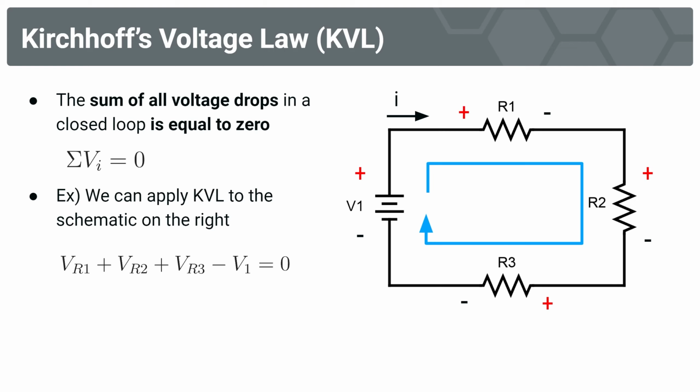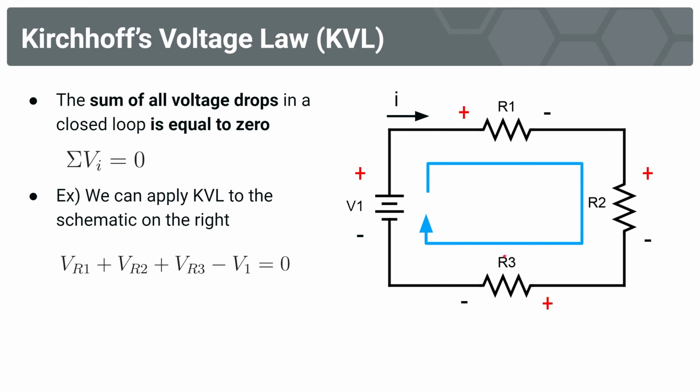Kirchhoff's voltage law states that the sum of all voltage drops in a closed loop is equal to 0. Looking at the circuit diagram on the right, we have one closed loop, and lying on that loop is a battery and 3 resistors.